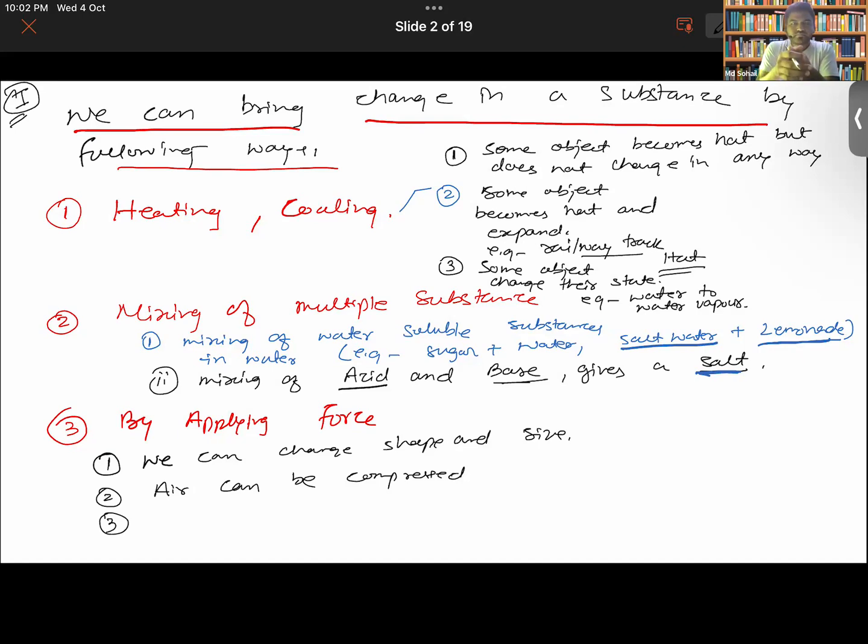Starting from basics, iron is a good conductor of electricity. Copper is also a good conductor of electricity.